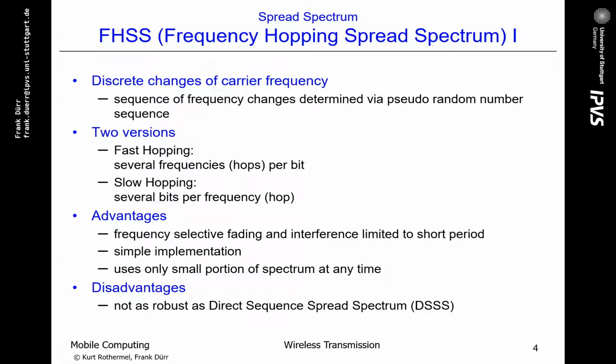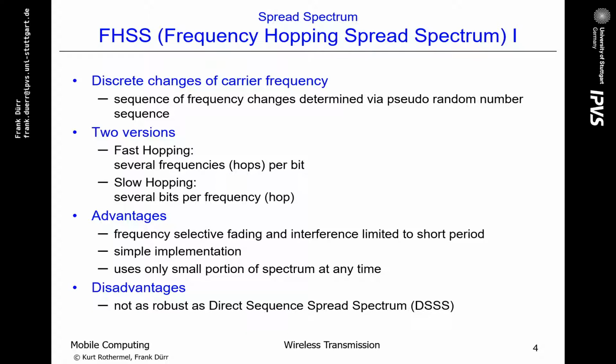So let's start with the frequency hopping scheme. What's the idea of frequency hopping? First of all, with frequency hopping, we split up the spectrum into narrow bands called, for instance, channels or carriers. Okay? So again, we have several channels available.